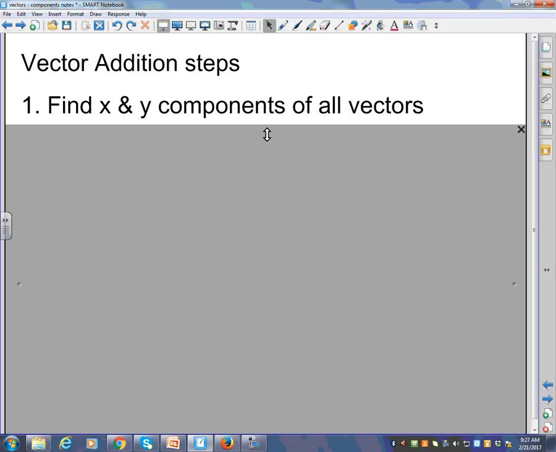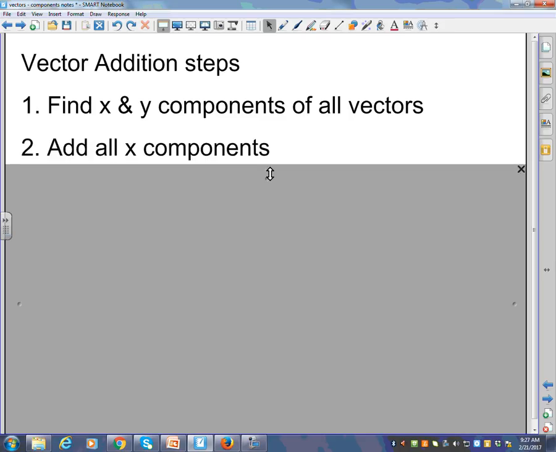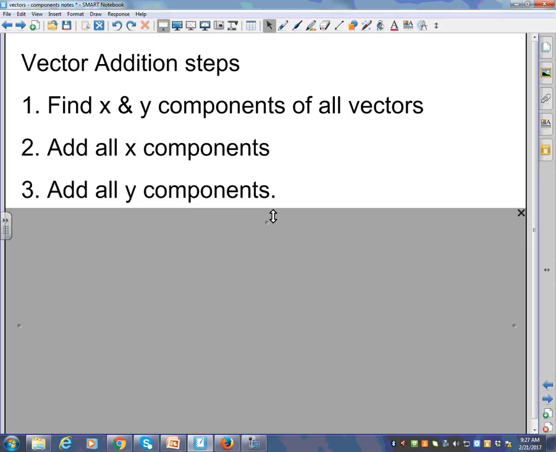After we found all the x and y components, what did we do? Did we not add all the x components together? Right? We added all the y ones. Attaboy. We added all the y.